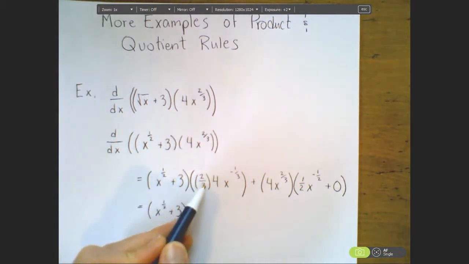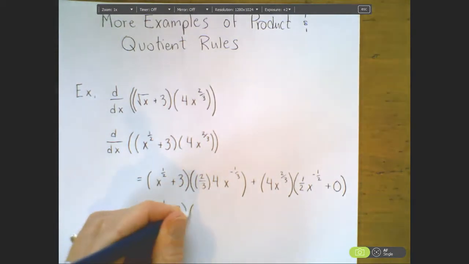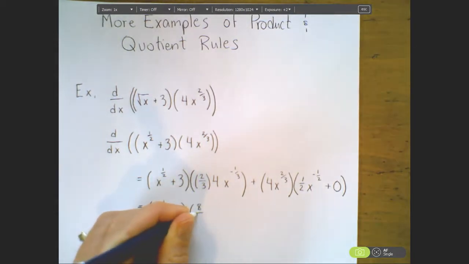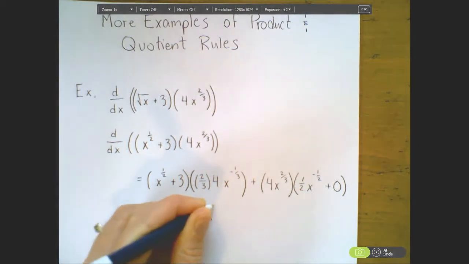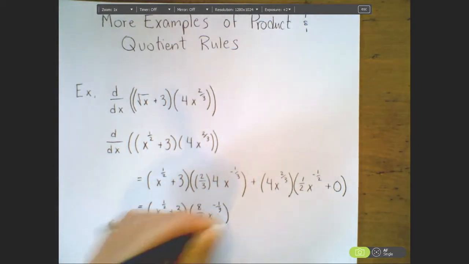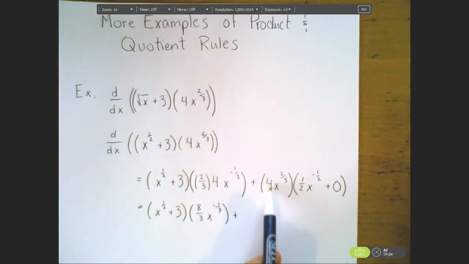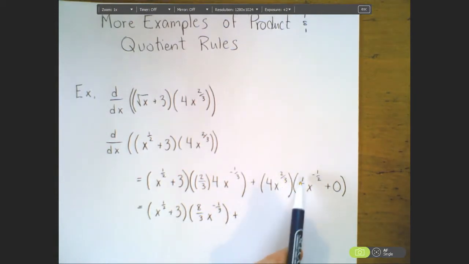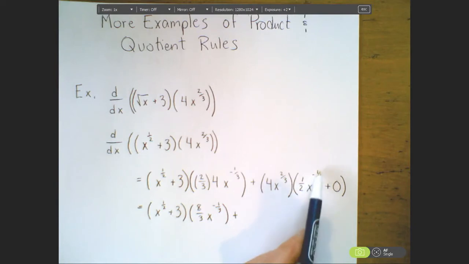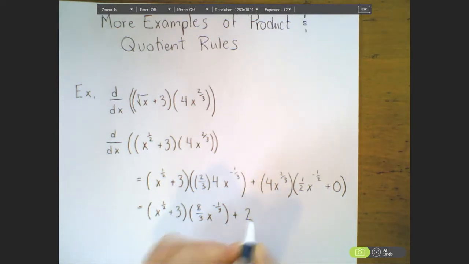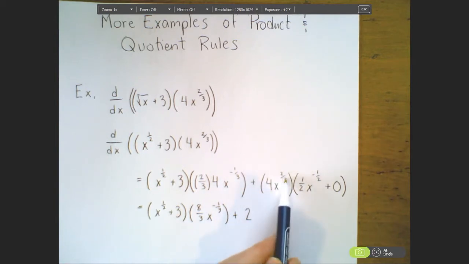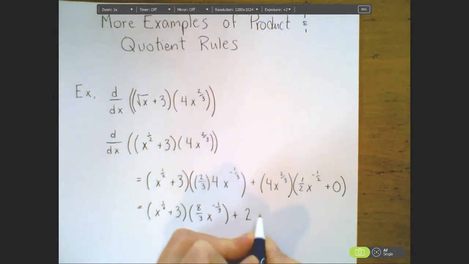So 2/3 of 4 ends up being 8/3 x to the -1/3 plus 4x to the 2/3 times 1/2 x to the -1/2. I can combine these two coefficients and I get 2. And how do I combine x to the 2/3 times x to the -1/2? You know, I might just leave that written out.